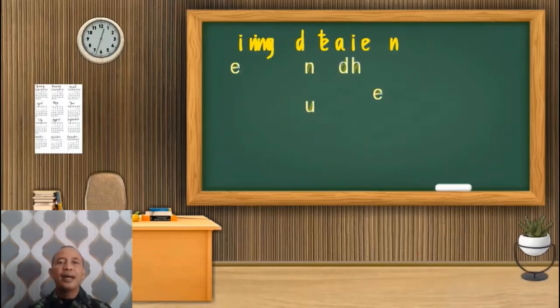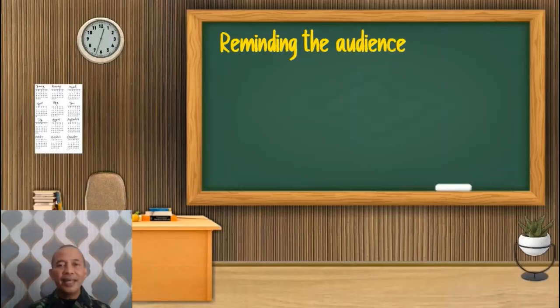All right. And then, reminding the audience. This happens a lot in real presentations: you are trying to say something, but actually you said it already, either earlier or at the beginning of the presentation.